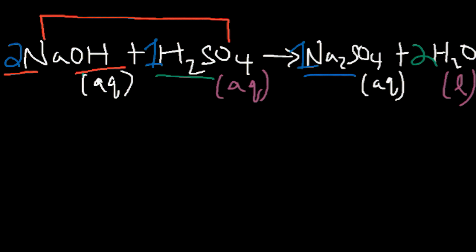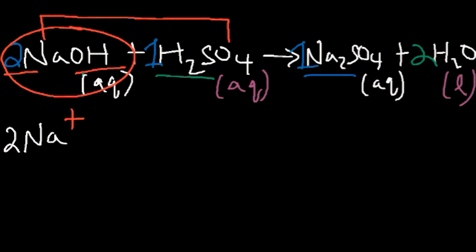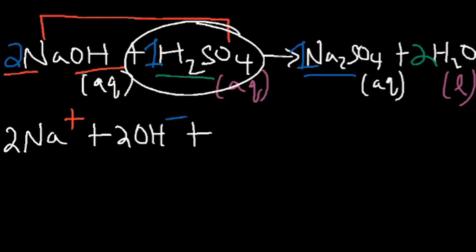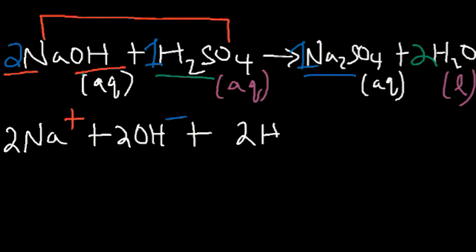So to write the total ionic equation, everything that's in the aqueous phase, we need to separate it into ions. So we're going to have 2 Na+ ions from NaOH and 2 hydroxide ions. Now in the next compound, sulfuric acid, we have 2 H+ ions and 1 sulfate ion.